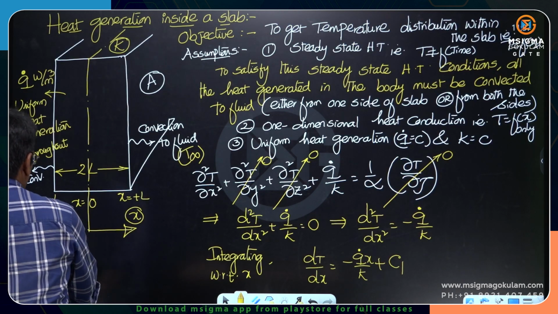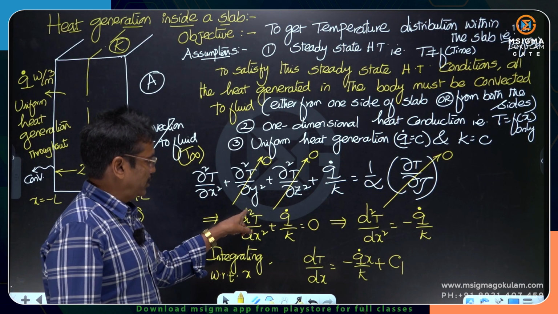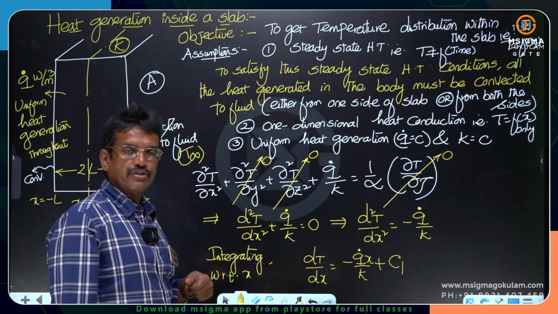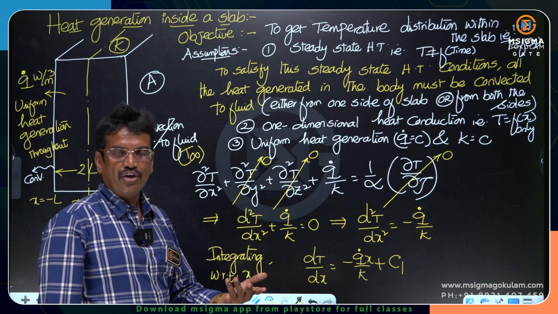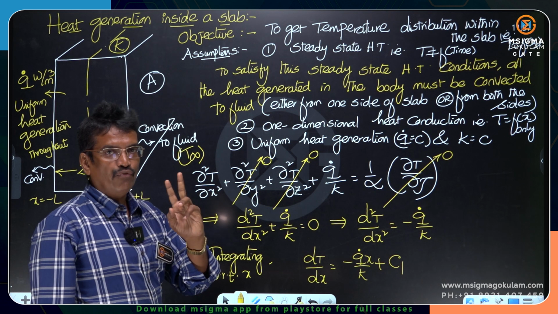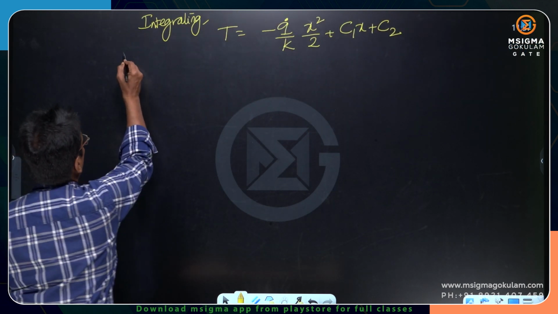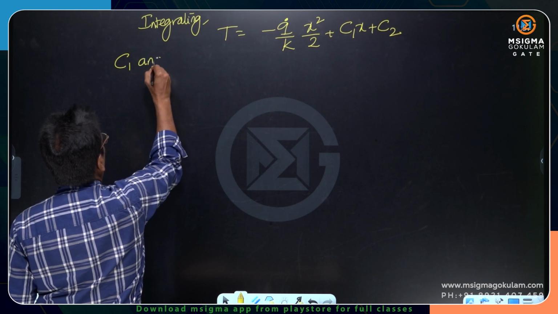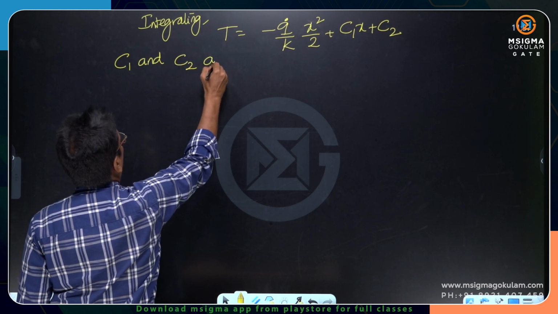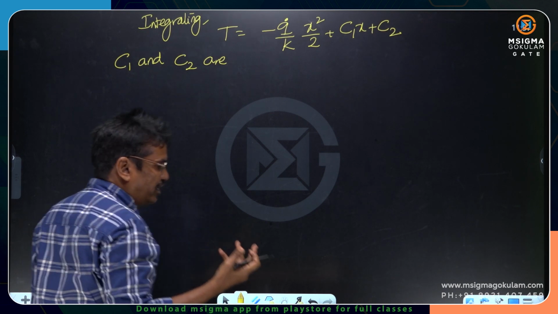Because it is a second order differential equation, obviously after integration we get two constants of integration, C1 and C2.